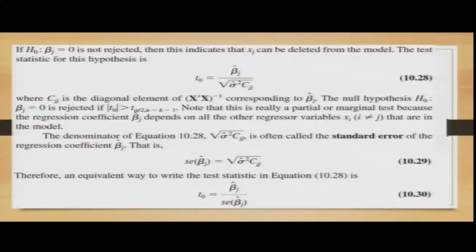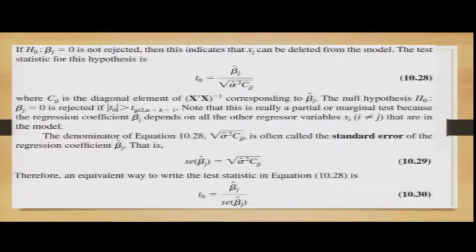So, this t value or the t statistic would be beta hat j, because beta hat j is basically the estimated value of beta, divided by the square root of sigma square hat c j j. So, c j j are the diagonals of the x transpose x inverse matrix. So, that was one part when you are trying to find out the beta hats.